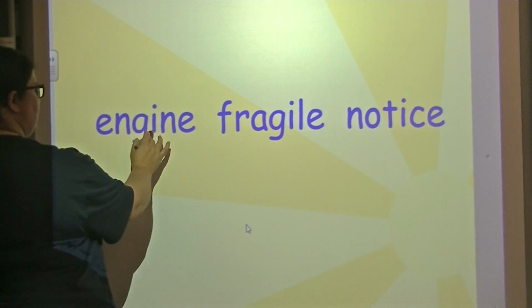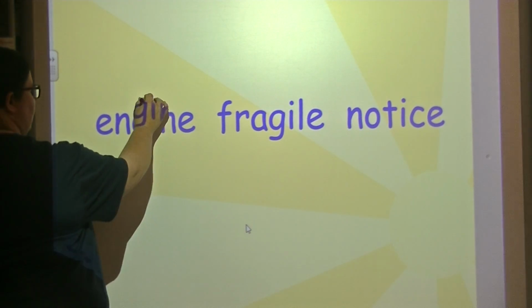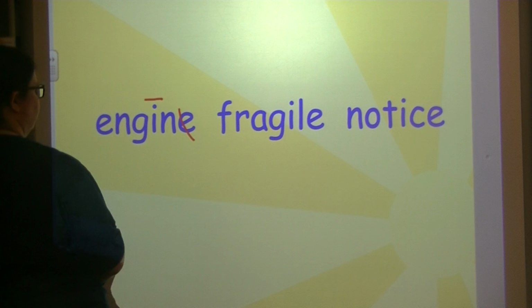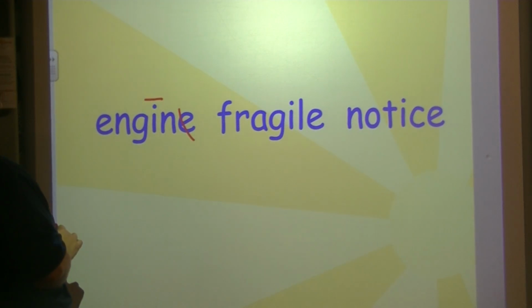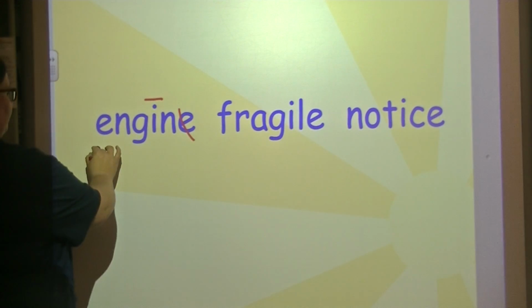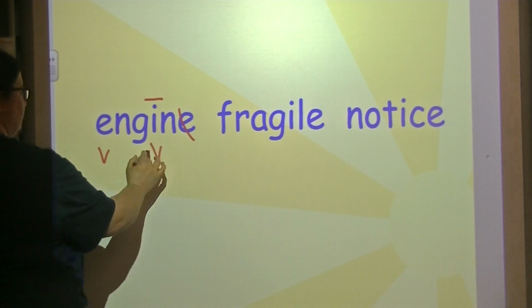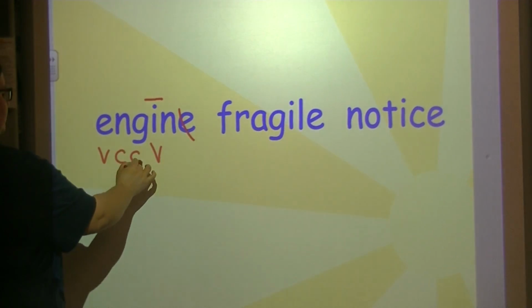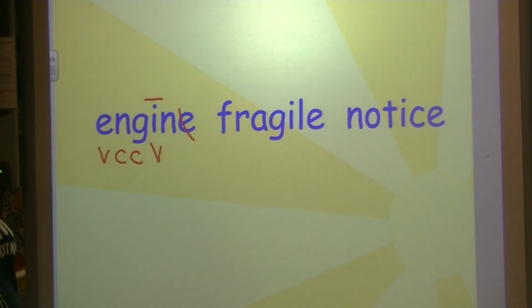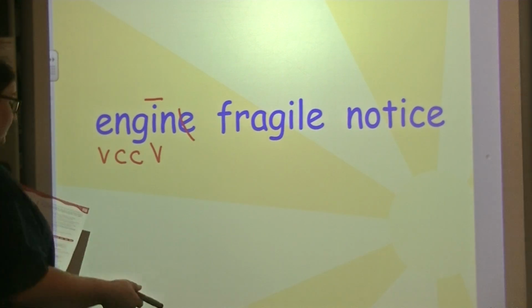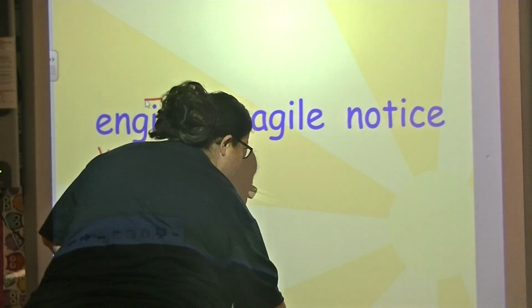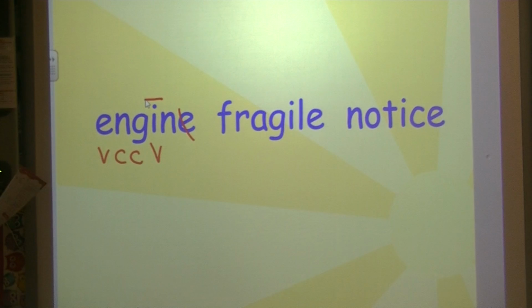All right, we see I consonant E. Now we have vowel, the two consonants in between it, so vowel, consonant, consonant, vowel, right? When we have a vowel, consonant, consonant, vowel, where do we divide? Between the two consonants.